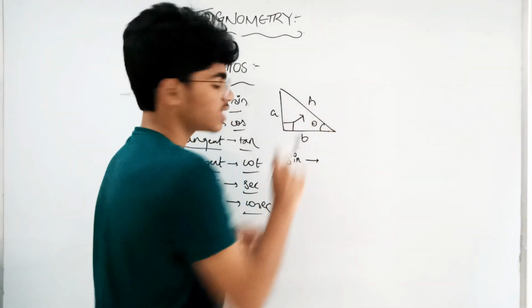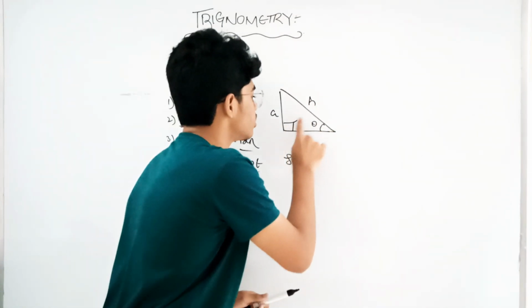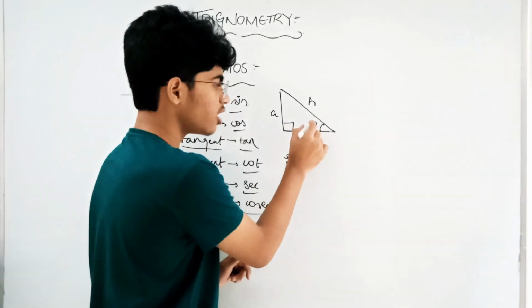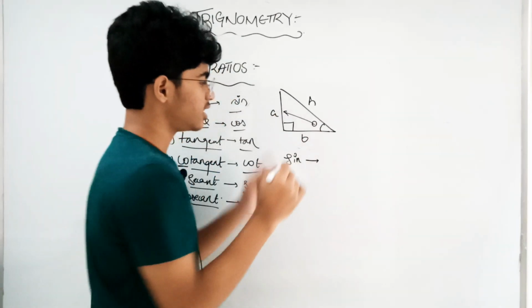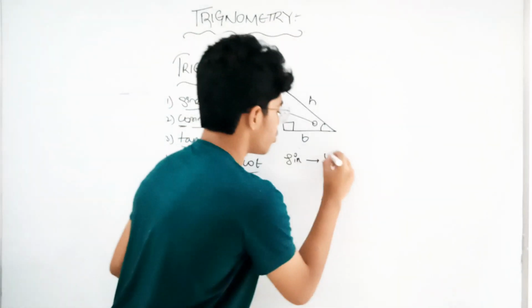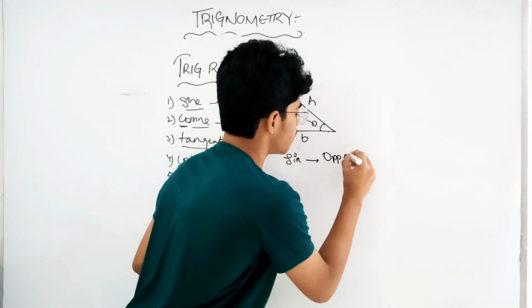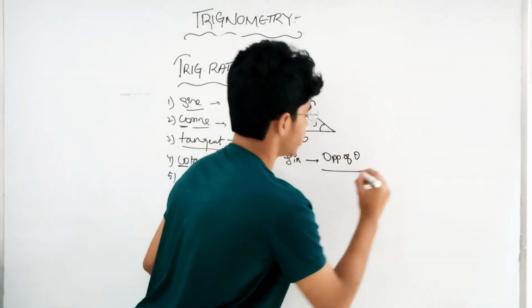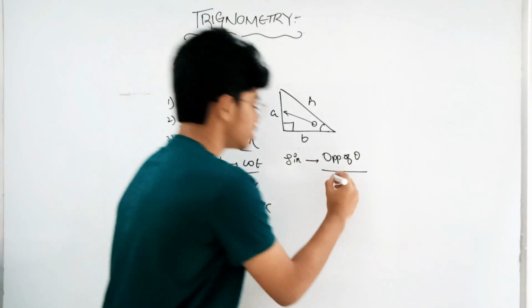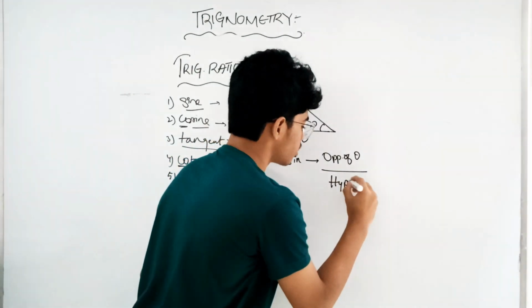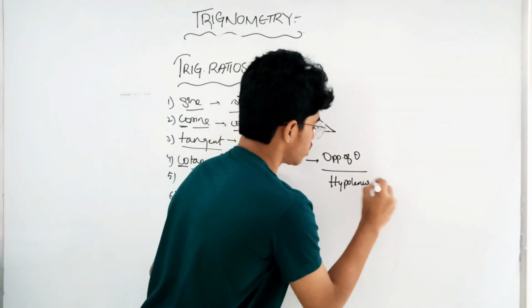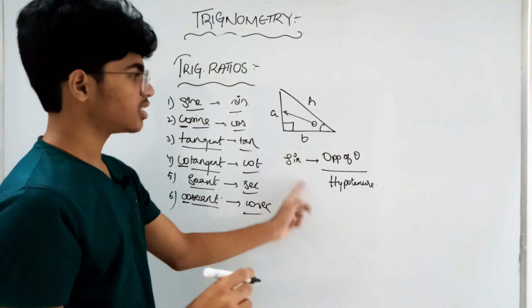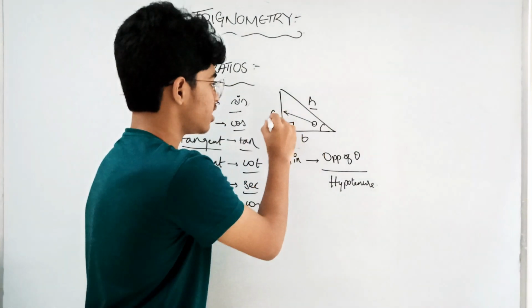What is the opposite side of theta? The opposite side of theta is this, which is A, right? We know the hypotenuse is h and this is A.